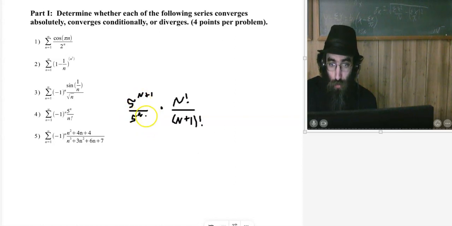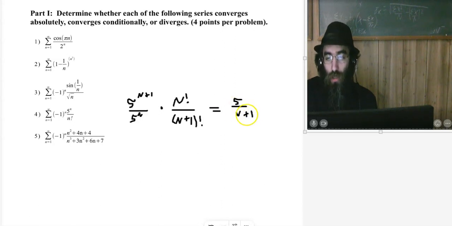Right, so the 5 to the n plus 1 over 5 to the n times n factorial over n plus 1 factorial. This gets you 5 over n plus 1. Limit of that quantity goes to 0. So since the ratio goes to 0, this converges absolutely. You can just test absolute convergence and take the absolute values first and solve it that way.